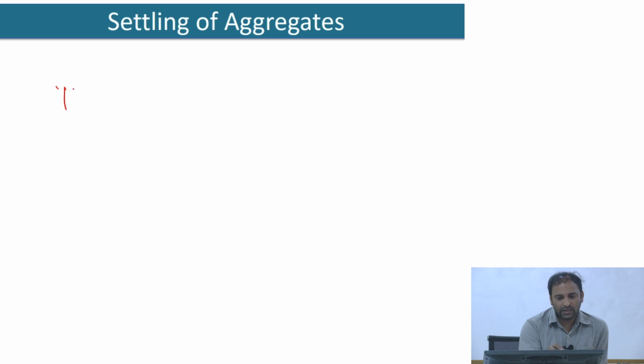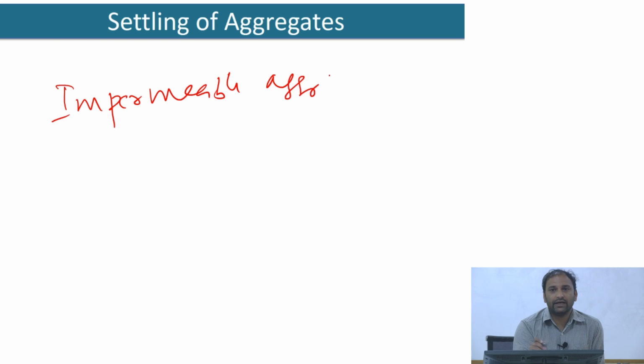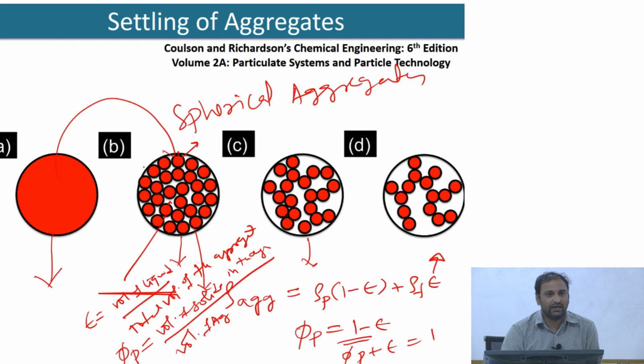Now we said that we are going to take a case of an impermeable aggregate, so there is no exchange of fluid between the aggregate and the fluid. What it basically means is that if I go back to this case and assume that the aggregates are impermeable, I don't have to worry about fractal dimensions and stuff like that, because A_P is a projected area.